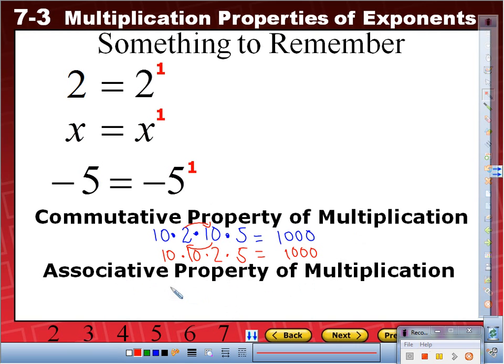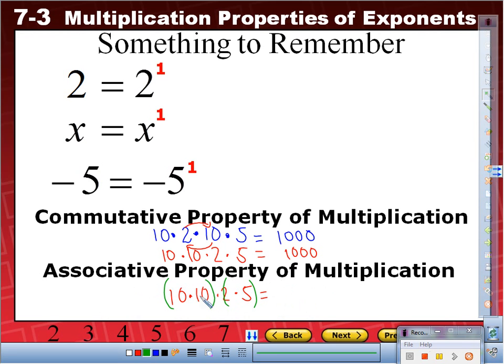So I'm going to write this. 10 times 10 times 2 times 5 equals. And I'm going to use green. It's called the associative because if we associate or we group, I'm going to group these two, 10 and 10, and then the 2 times 5. Once again, if there's multiplication throughout, and if we group differently, the product doesn't change.